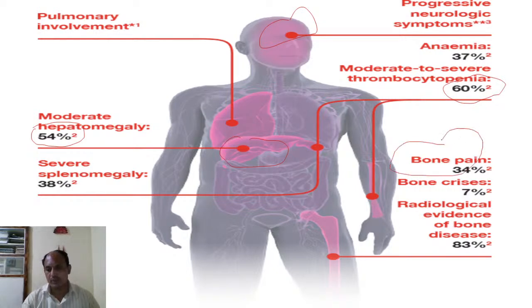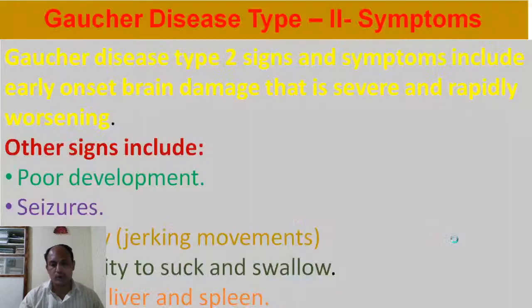Then there is bone pain, bone crisis, and radiological evidence of bone disease, in 83% of persons suffering from type 1 Gaucher disease. So these are the symptoms of Gaucher type 1.